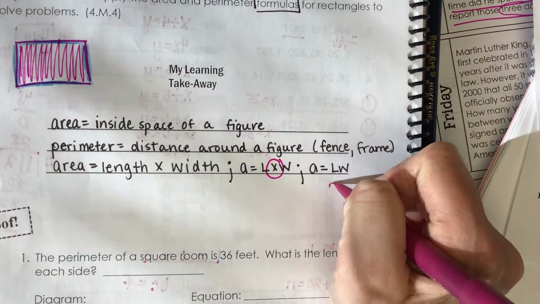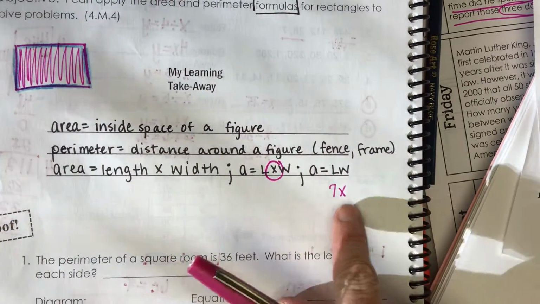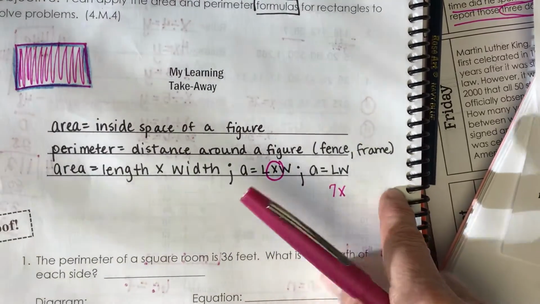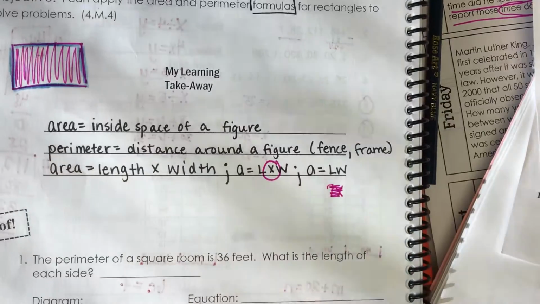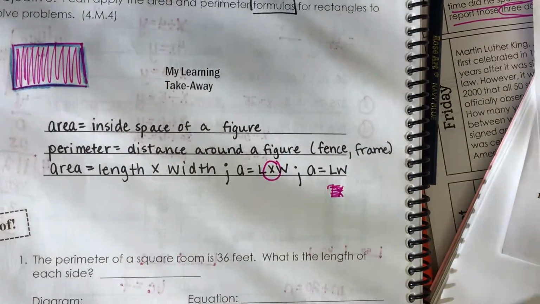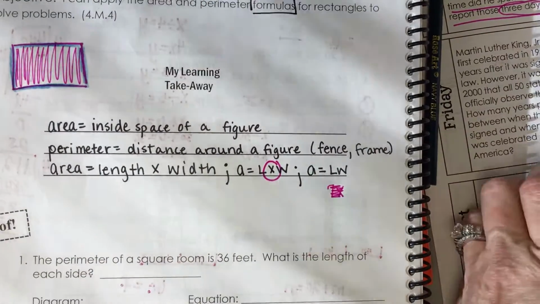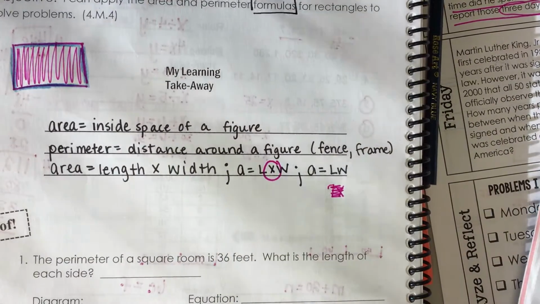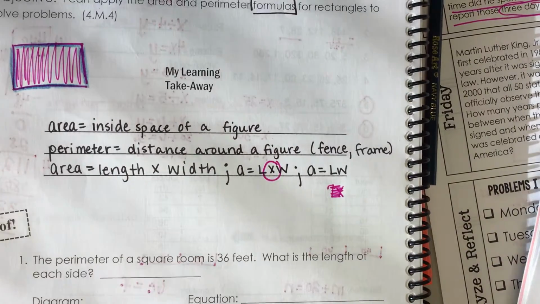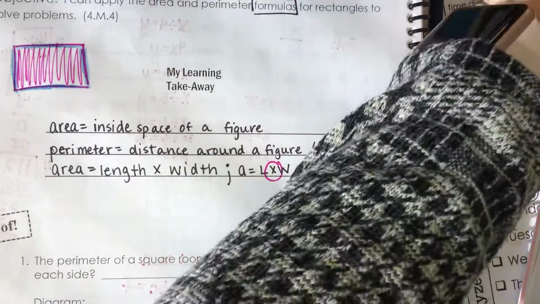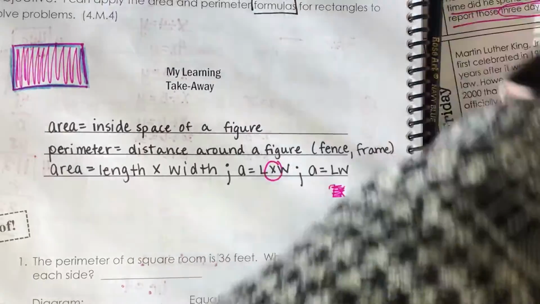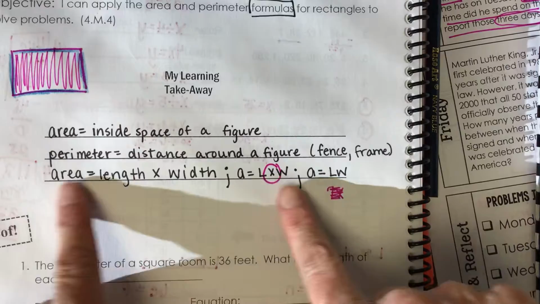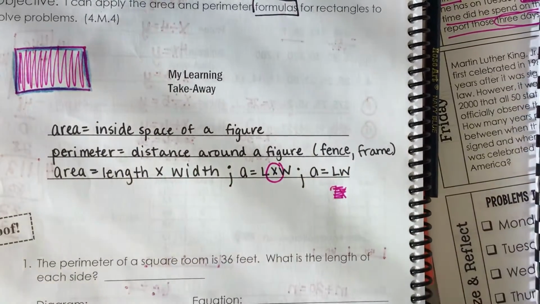Just like when we write 7X, it means 7 times X. LW means L times W. It's important to know the different ways to write the formula, because when you take your iLearn test, they will give you the formula for area and perimeter, but it might not be how you're used to seeing it. It could be any of these ways. And they all mean the same thing.